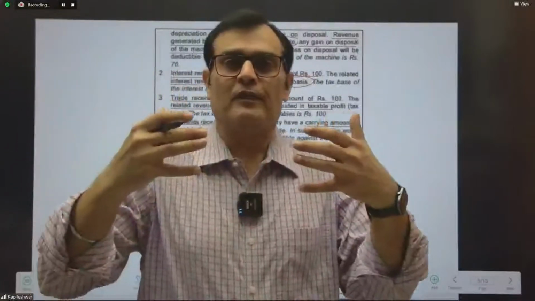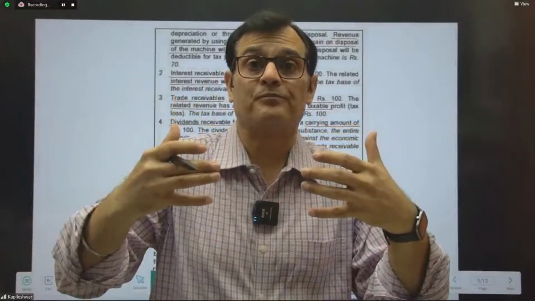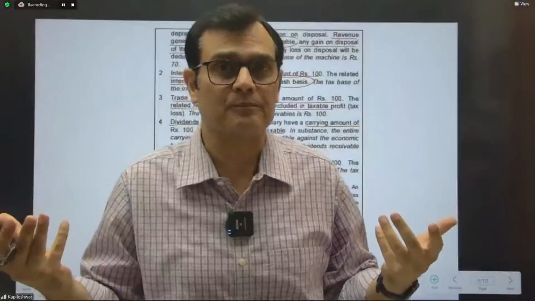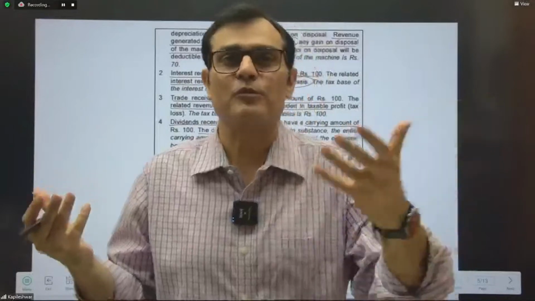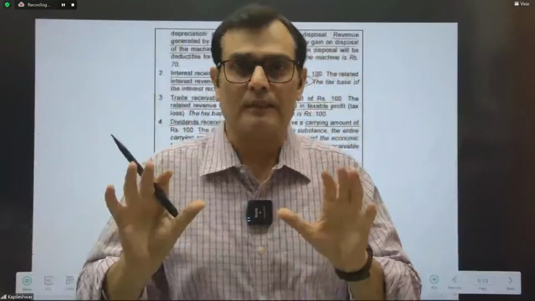If you've given a loan to someone, I'm looking at the principal amount of the loan. When you collect the principal amount, income tax authorities will not come because that amount is not taxable. Reason, it's a capital inflow. It is a collection of the money which you gave to someone. It's not income. The interest which you earn is taxable. The principal repayments are not taxable.